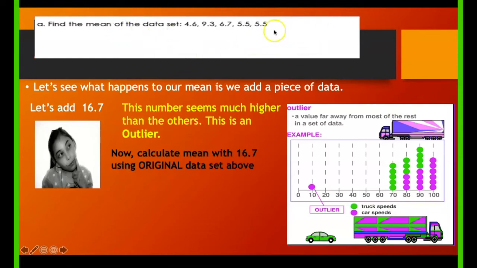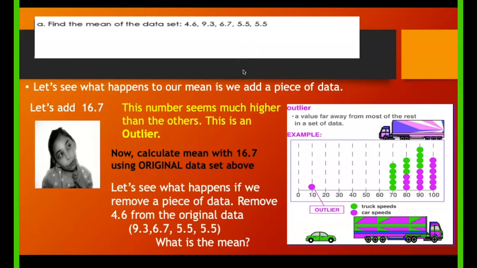We're going to add the 16 7/10 to the original data. So again, pause the video, go back to your Desmos, and find the mean with this additional piece of data. Once you're finished, come back. No, we're not quite done. So go ahead and pause it and come back when you are done.